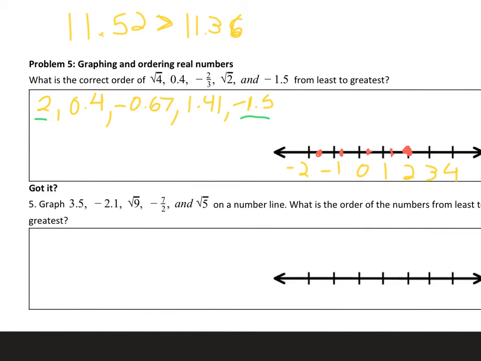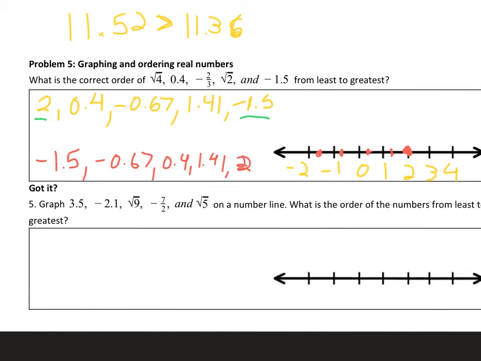So the correct order of these numbers would be, I would go negative 1.5 first, then negative 0.67, then I would go to 0.4, 1.41, and then 2. That would be the correct order of those numbers.